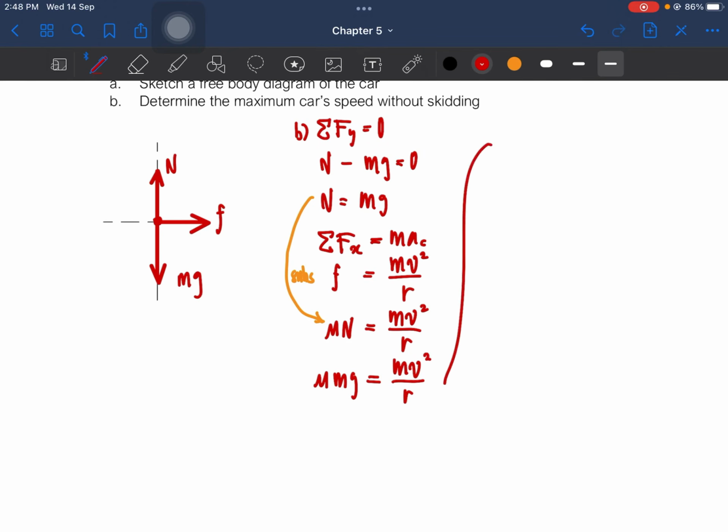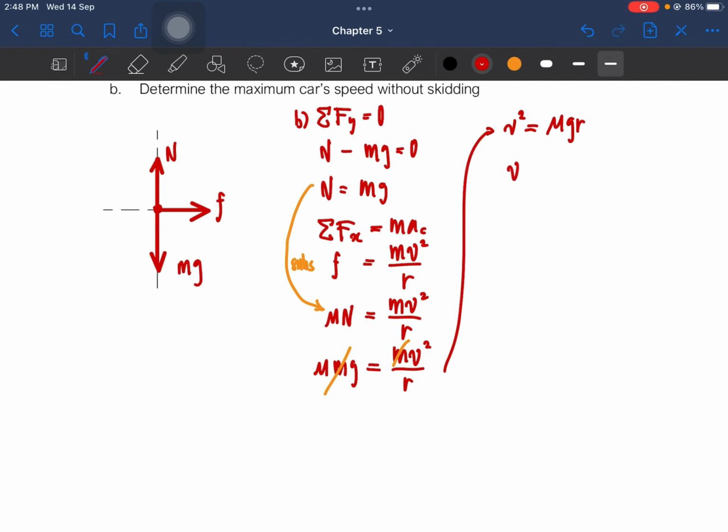Now you need to rearrange for v square, so equal to mu, wait, the m can cancel. So left with mu g r. Okay, so now your velocity will be equal to 11.7 meter per second lah.